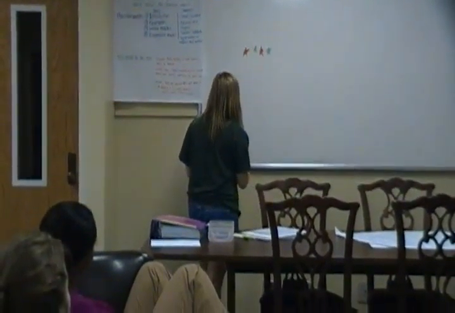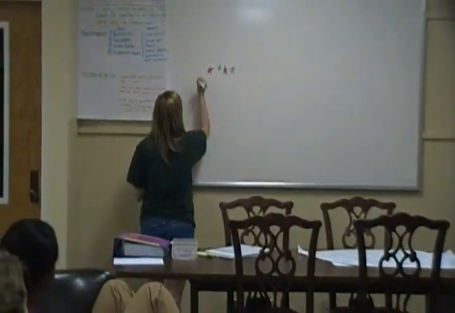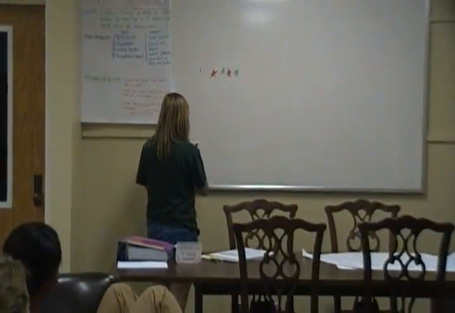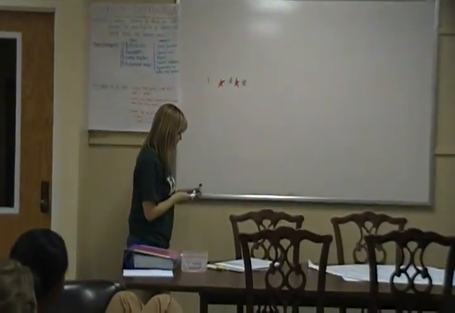So this is our, we'll do number 1 right here. Now here's a 3 color pattern. So we have blue, green, and red. So we'll say blue is number 1, we'll say green is number 2, and we'll say red is number 3.